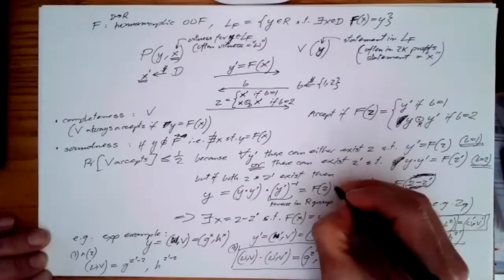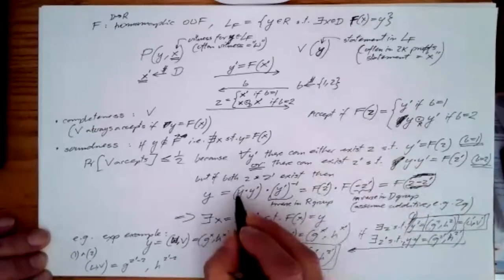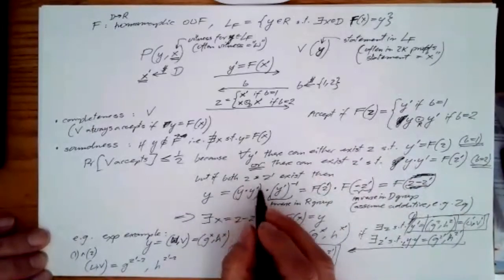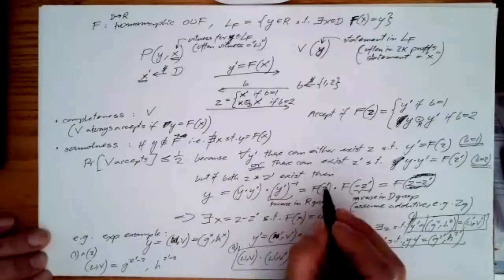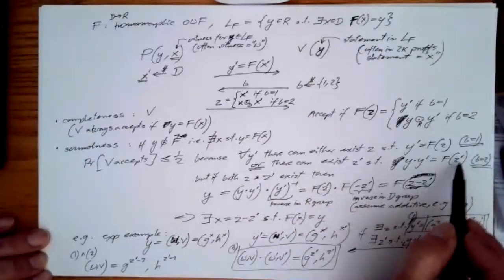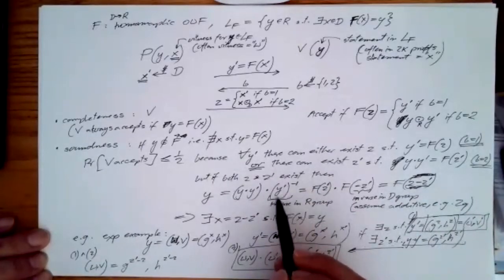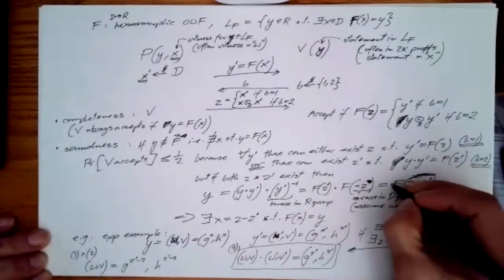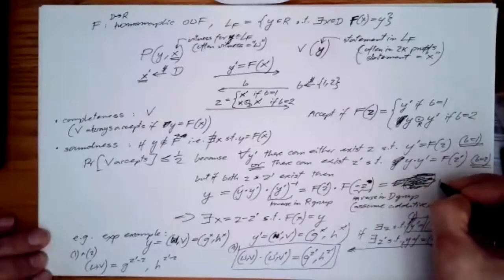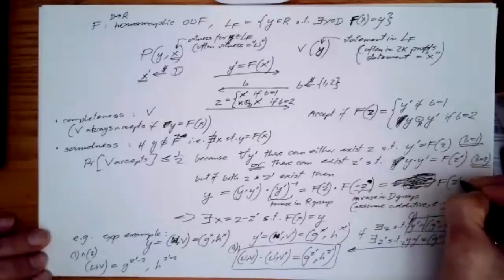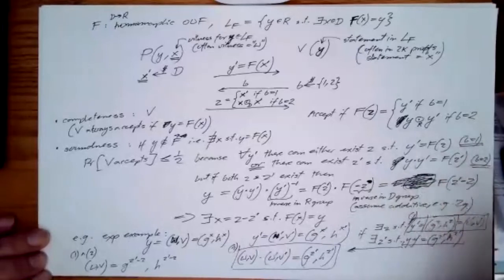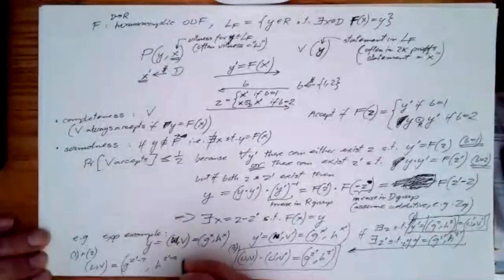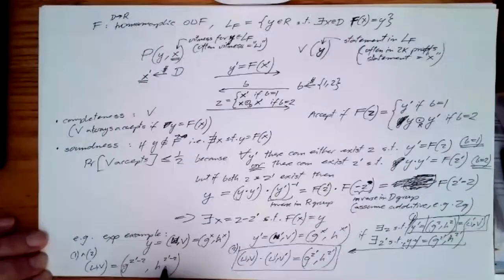Oh, sorry. The witness here was called z prime, and the witness to y prime was called z. So this is z prime minus z. Okay, which indeed it is here.